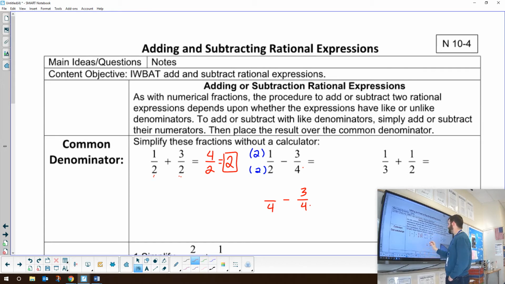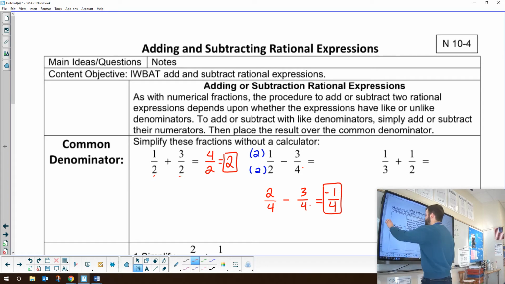And so we're going to have 2/4 minus 3/4. And then our fraction is going to stay the same. We're still just going to be counting fourths, but we're going to subtract the tops. So 2 minus 3 is -1. So my answer is going to be -1/4.